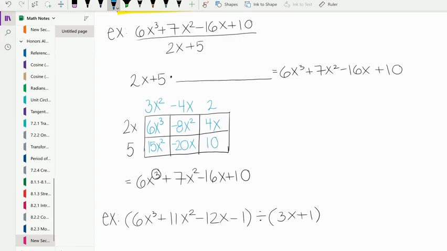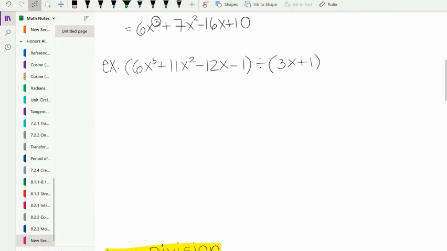You can check by making sure all of the inside of the box adds up to the answer. So the answer is 3x squared minus 4x plus 2, which means when you multiply 2x plus 5 by 3x squared minus 4x plus 2, you get 6x cubed plus 7x squared minus 16x plus 10. Okay, let's try another one.